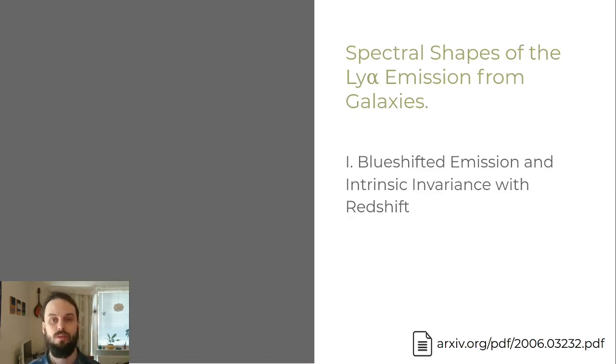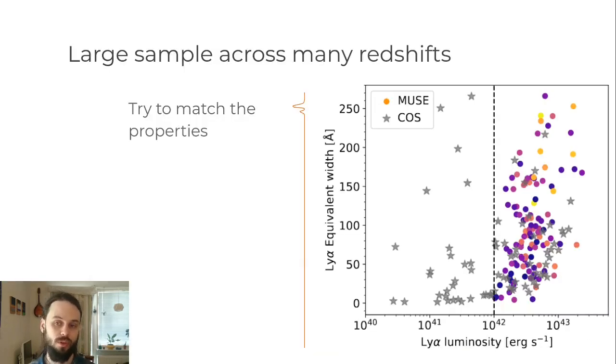The second paper came about from this project when we found out that we actually had quite a lot of Lyman alpha data which we used to populate the database, and that we could use this to really look at how Lyman alpha line profiles have changed as a function of redshift. So this is what we did, and we used samples from the COS at low redshift, so that's the Cosmic Origins Spectrograph on Hubble, and from MUSE, the integral field spectrograph at higher redshift.